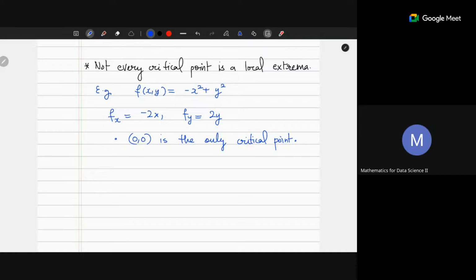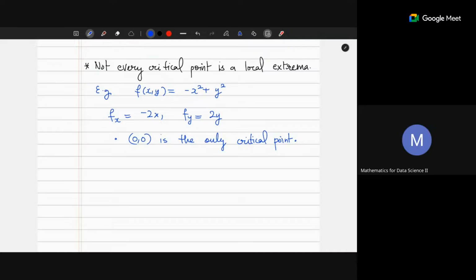Now, what happens at 0, 0? The question is whether it's a local extremum. I will prove that it's not, because if it's a local extremum, then it needs to be either a local minimum or a local maximum, and it should not depend on along which direction I evaluate the value of the function.